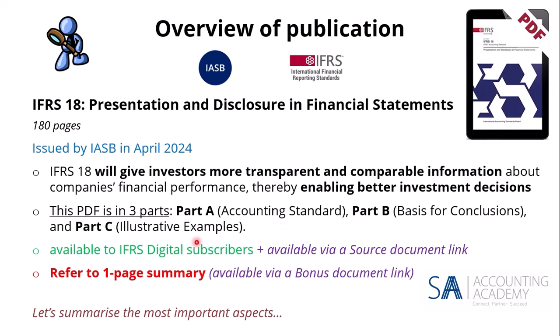Now we've got IFRS digital. I know I'm a member of SAICA, and the way that I access this is by accessing the digital standards through my SAICA membership. If not, then you'll have to go and purchase the document. But I have given it to you via a source document link. I have already gotten that document for you there.